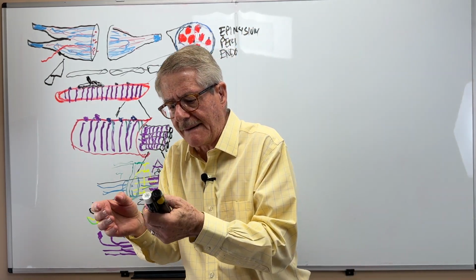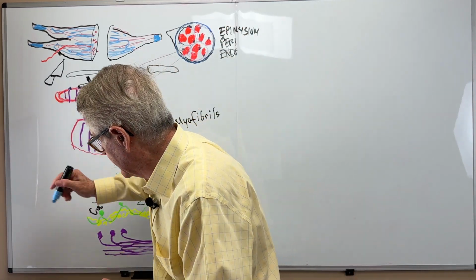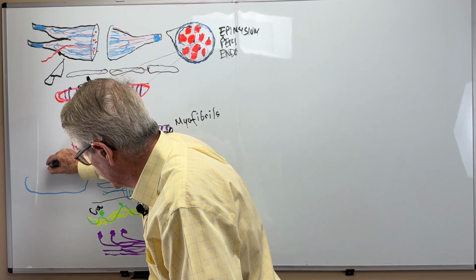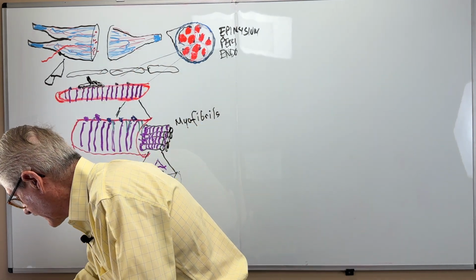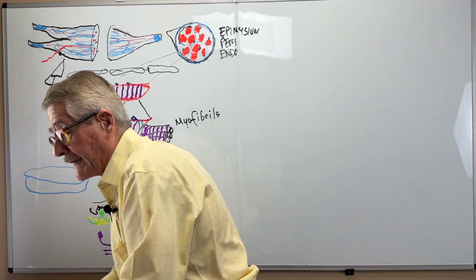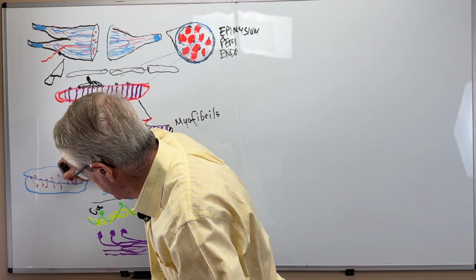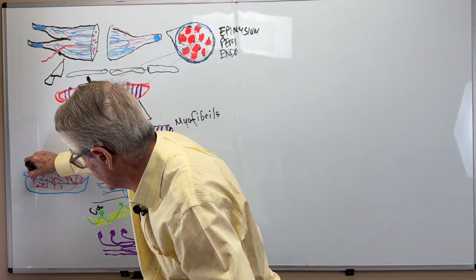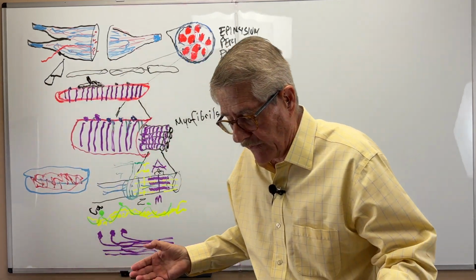They almost look like fibroblasts, and if they put them in a culture medium, those cells will grow and grow and grow and produce what? Produce meat.